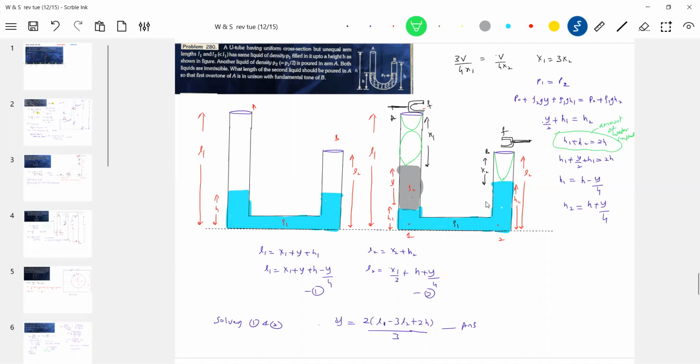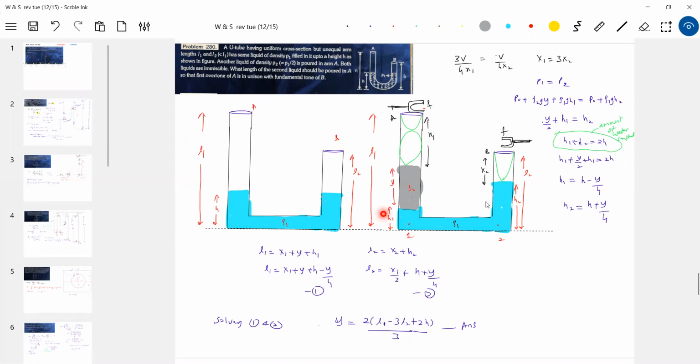How much will it rise? It is H2 only, no? I think there's no problem for this side because some liquid has to rise here. Sir, if we take H1 also as H plus Y by 4, then we'll get the answer. H1 as H by 4 or Y by 4?